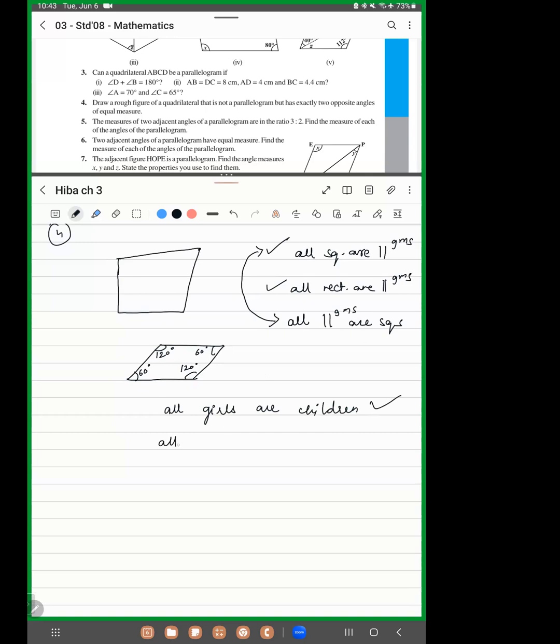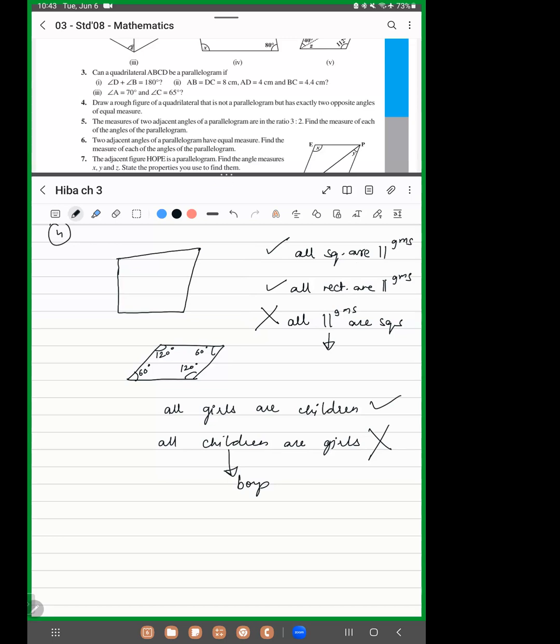If I say all children are girls, is this true or false? False. Why? Because there are some children who are not girls. There are some children who are boys. Understanding? Similarly, all squares are parallelograms, but all parallelograms are not squares because there are some parallelograms which are not squares.